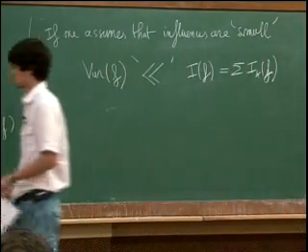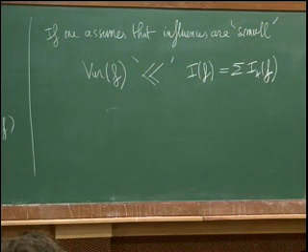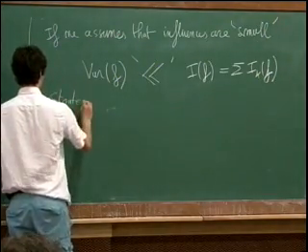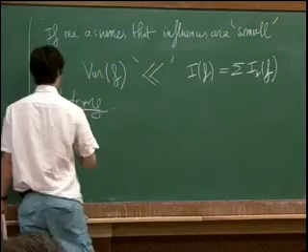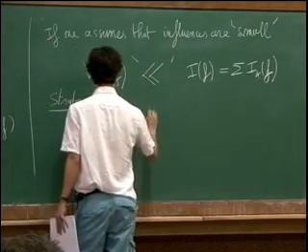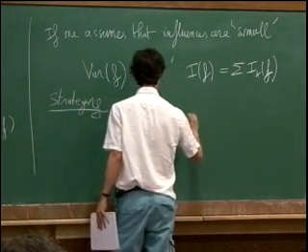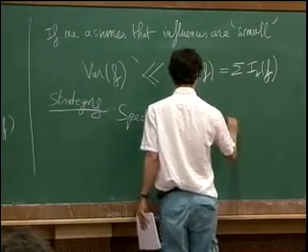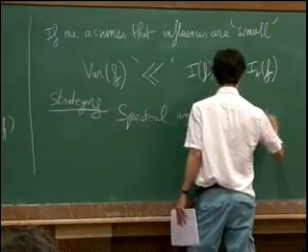So now I'd like to explain what is the strategy to see this improvement on the Poincaré inequality. The strategy of the proof will be a spectral analysis of influences.